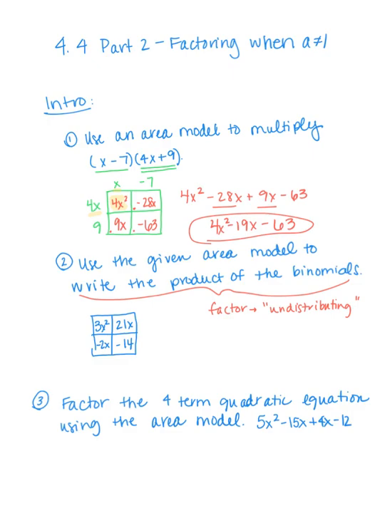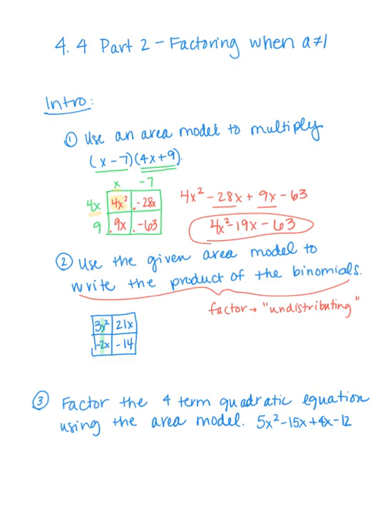In order to do this, what we're going to do is we're going to pick a row or column and look for the GCF in that row or column, okay? So it doesn't really matter where you start. If you start with the column with 3x squared and negative 2x, we are looking for the GCF between those two terms.